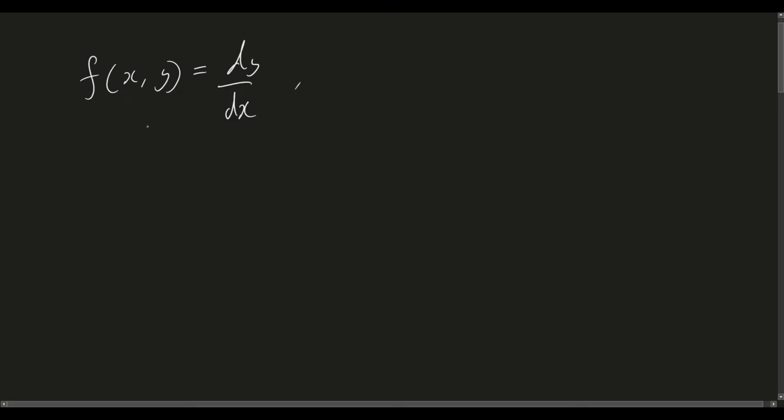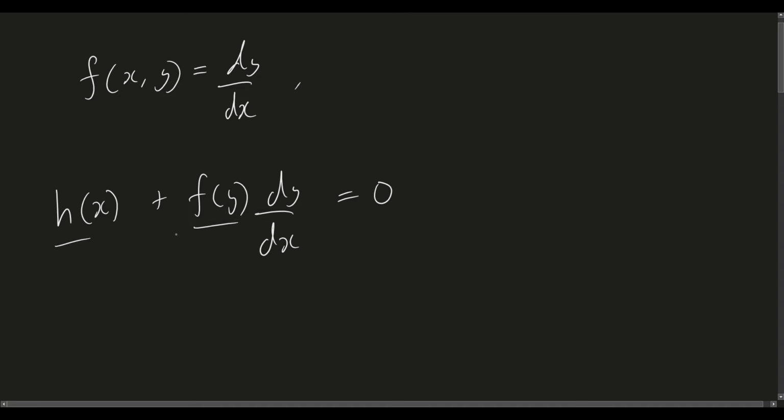But when I can separate the variables, I can rewrite this whole expression as simply h of x, so some other function, not f, h of x plus f of y dy dx equal to 0. So if we can write it in this form, where we have just a function of x and a function of y completely separated, then we can use the method of separation of variables.